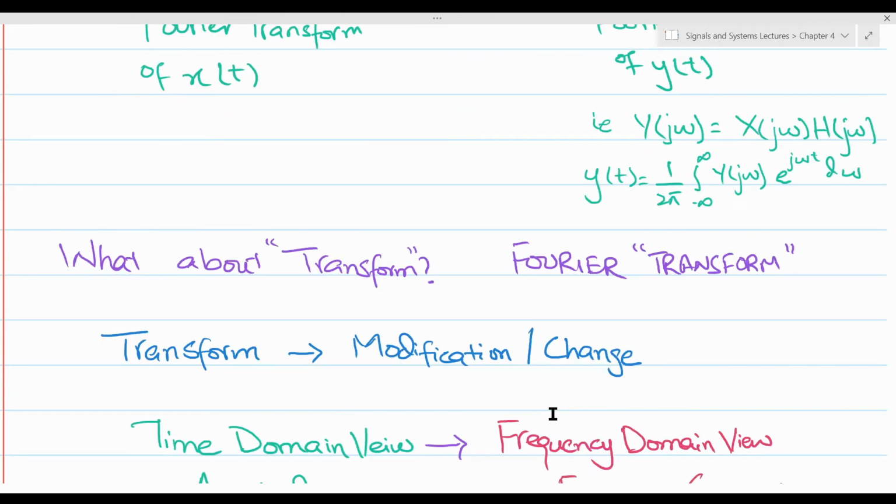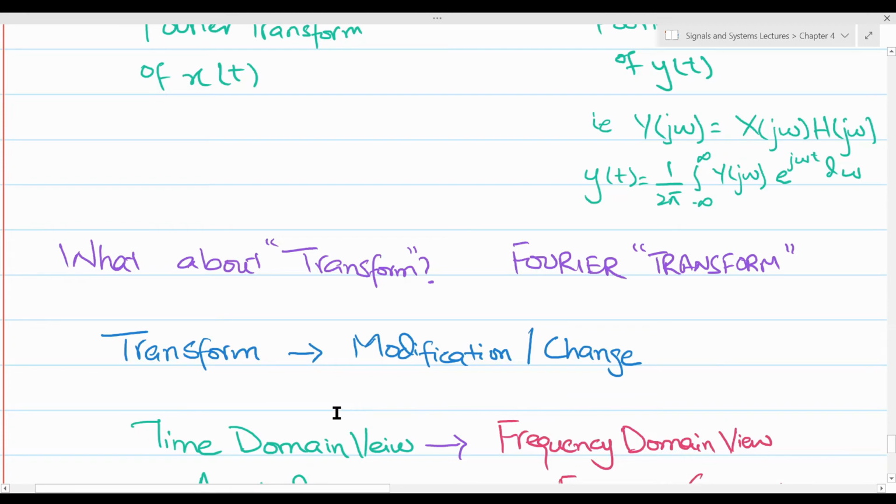When we talk about identifying the Fourier transform of a signal, we also mean that we are applying the Fourier transform on the signal. So suppose we have a signal x of t and we want to find its Fourier transform, which is capital X of j omega. Essentially in the process we are applying the Fourier transform on x of t to change it to X of j omega.